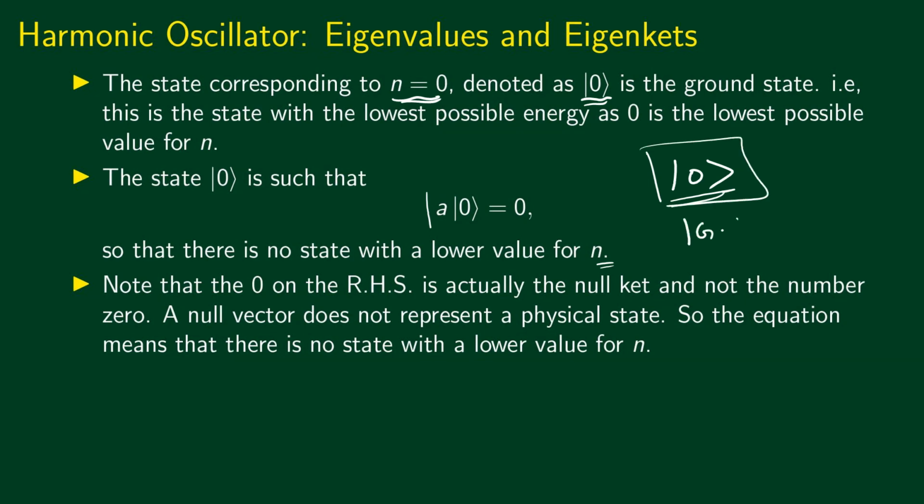We could also write this as ket ground state, and there is a physical state corresponding to this ket. So here we see that the operator A annihilates the ground state. It acts on the ground state and returns a null vector or a null ket. So the name annihilation operator is actually justified.